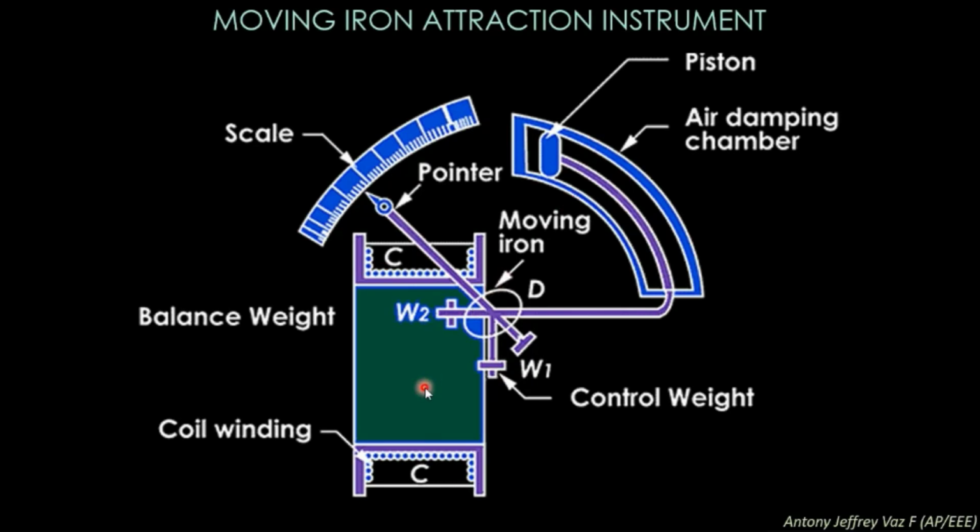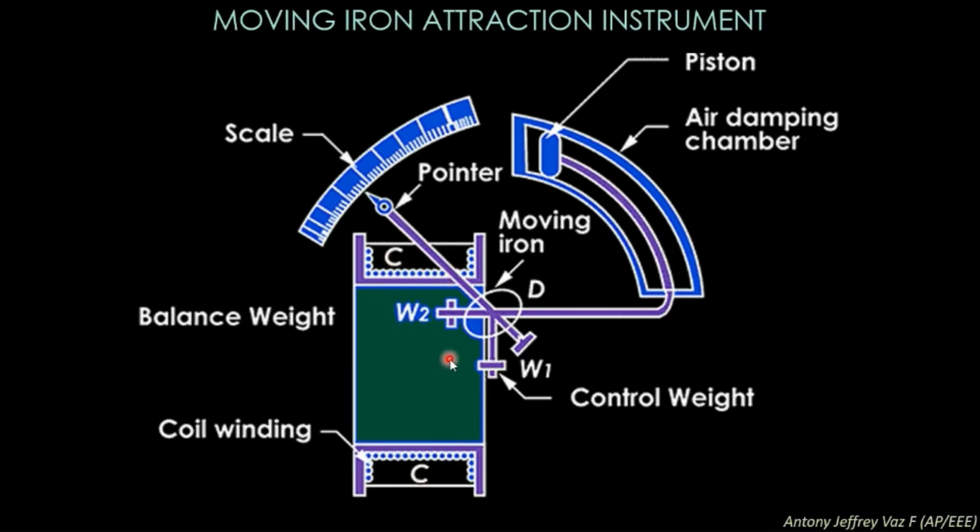This is the basic construction and diagram for moving iron attraction type instruments. Here you can see this is the frame, the outer frame. In the outer frame you can see this is the coil path, where the coils will be wound.